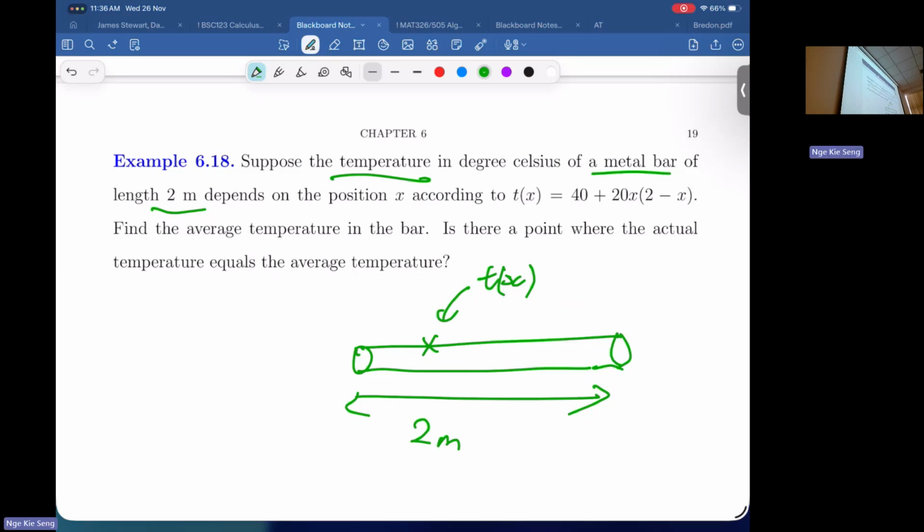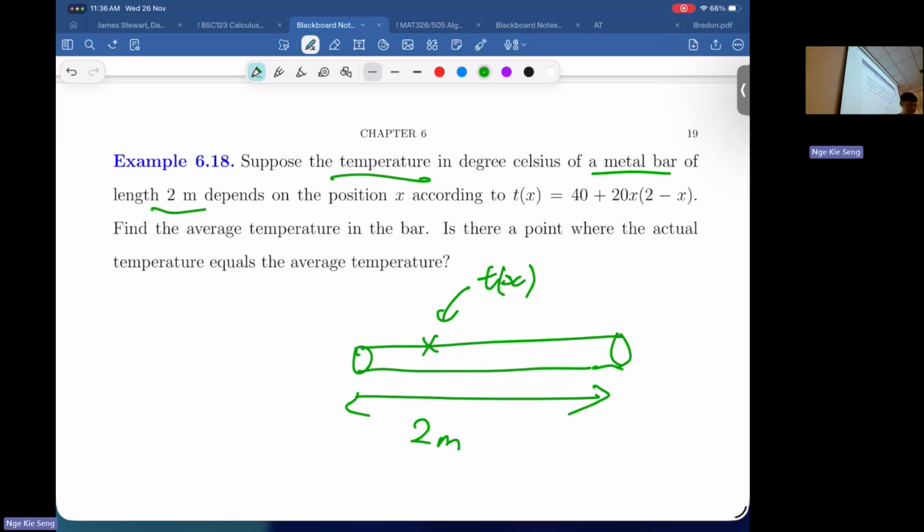Because one side is closer to the aircon. So for example, when I touch this phone, the bottom part should be heated, should get higher temperature than the other part. Okay, so this is the point of this question.